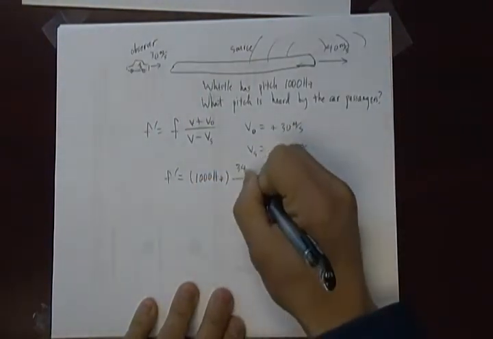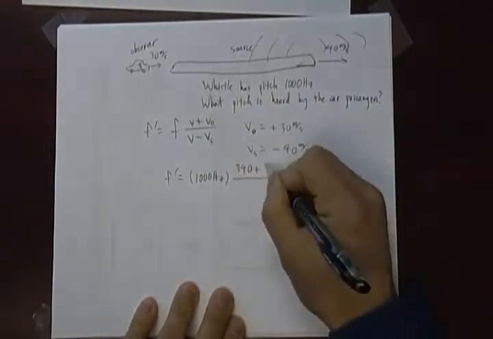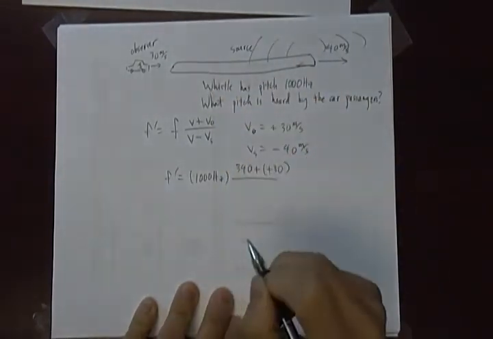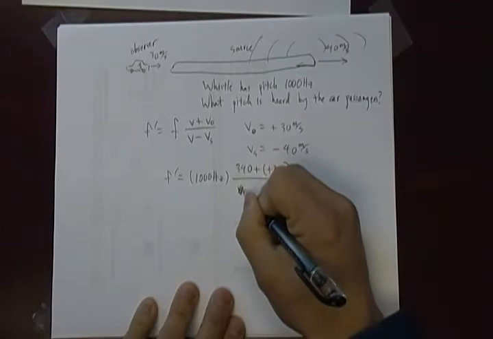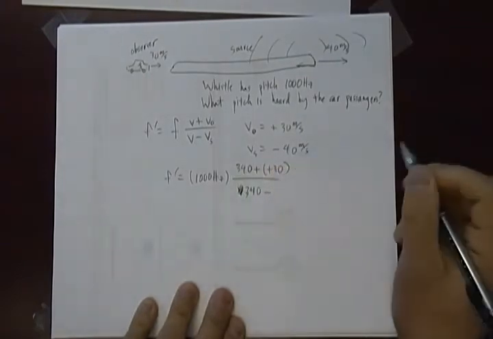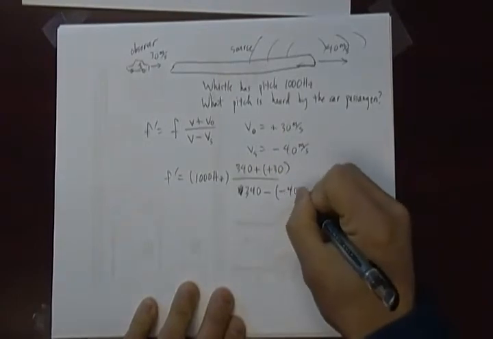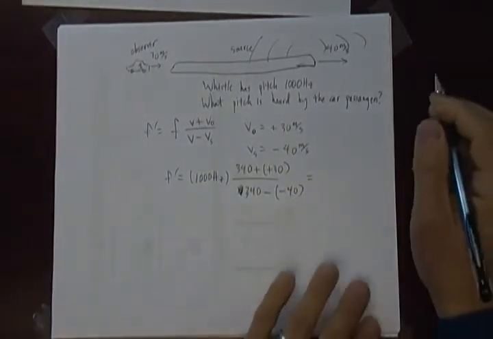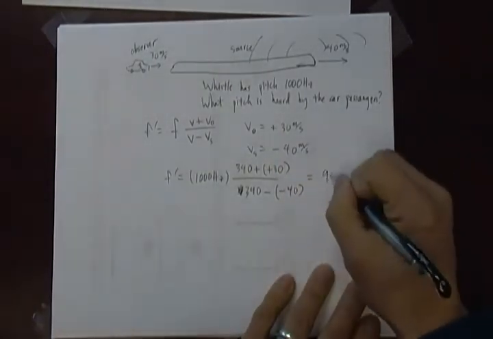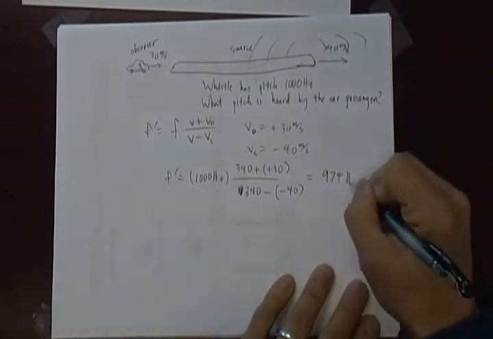And then we have 340 plus VO, which is positive 30. And then we have 340 minus Vs, which is negative 40. So you plug that in, and in this case you get 374 hertz.